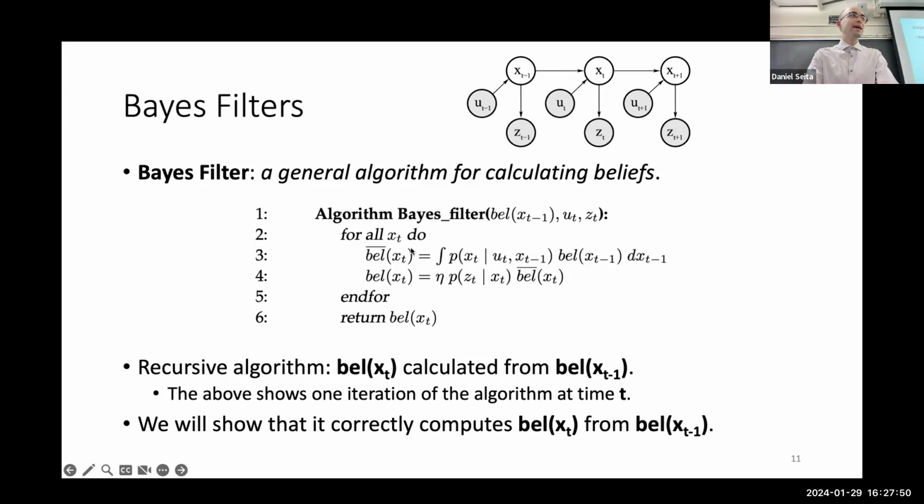So why did I say that this should already be giving you alarm bells? What is already kind of worrisome about this? Yeah, so if you're iterating over all possible states, then what happens if the number of states is close to infinity or very large?